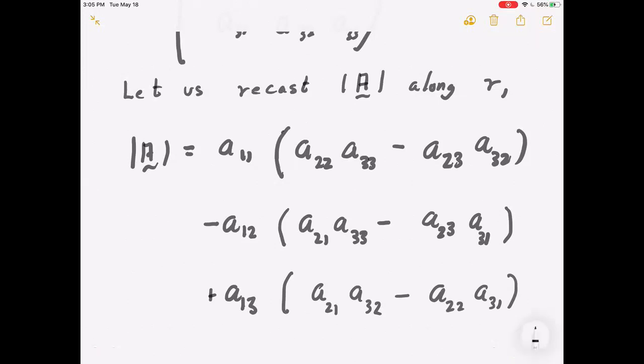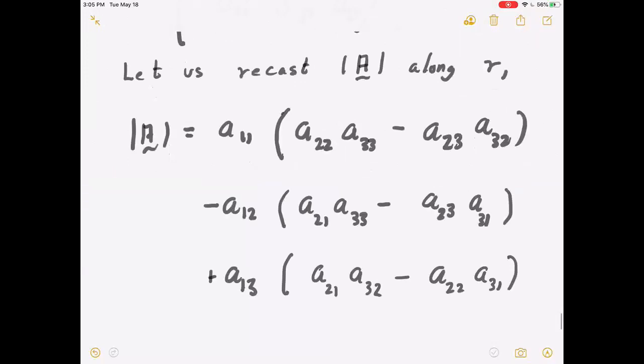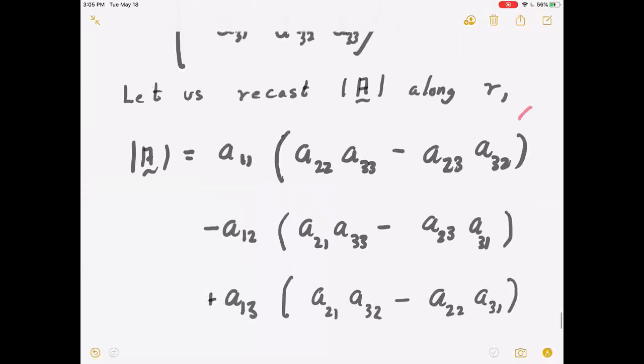So I am going to call these guys terms. So there's term 1, term 2, and term 3.